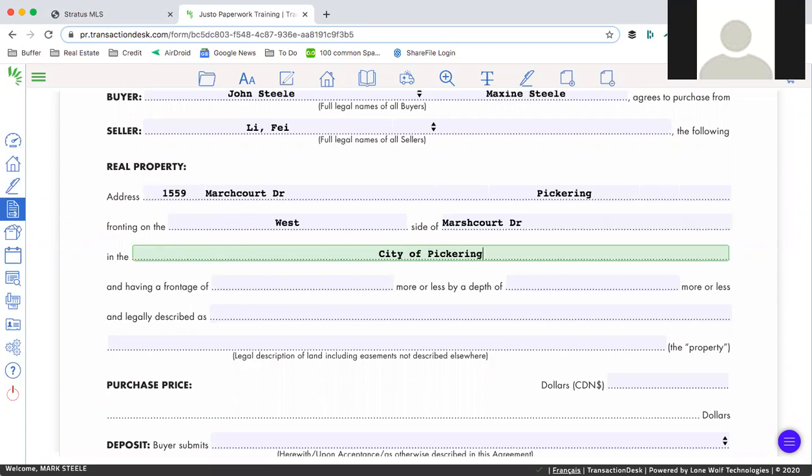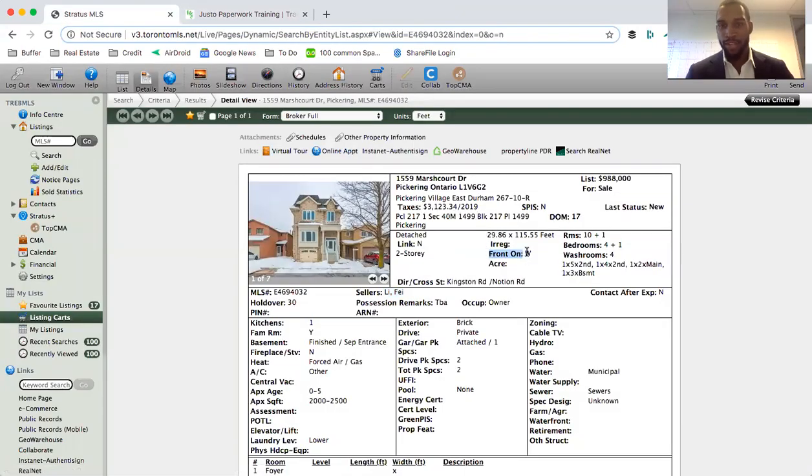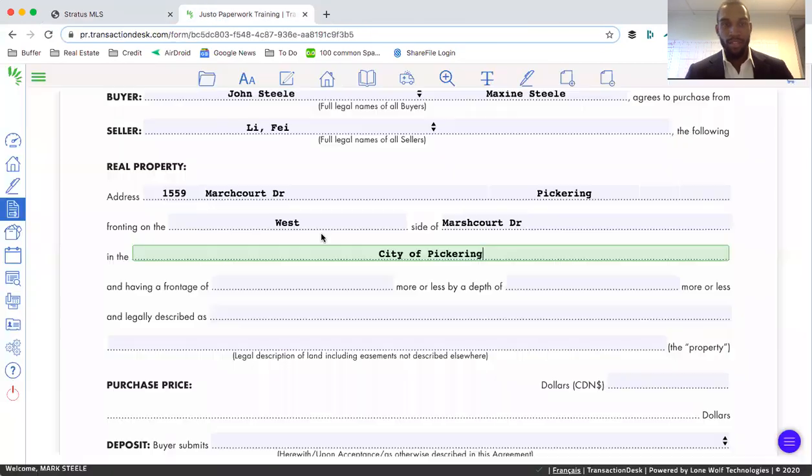Okay, so fronting on, you're always going to find in the same spot, just right here. Side of, you're going to put the street name and in the city of or the town of, whatever it is, and the name. Okay.